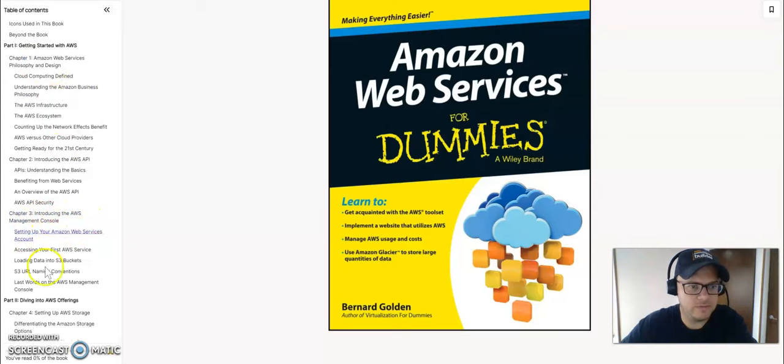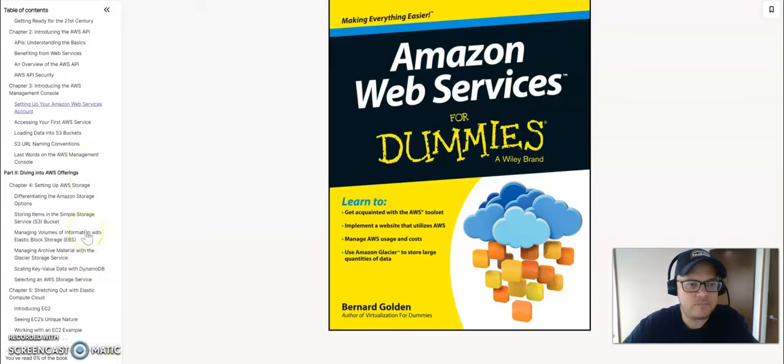It's mainly to understand what cloud computing is, what the AWS infrastructure and ecosystem are, how you work with the APIs, the basic understanding of the APIs and API security, and finally the setting up of the account and the services regarding S3 buckets and the URL naming convention of AWS.